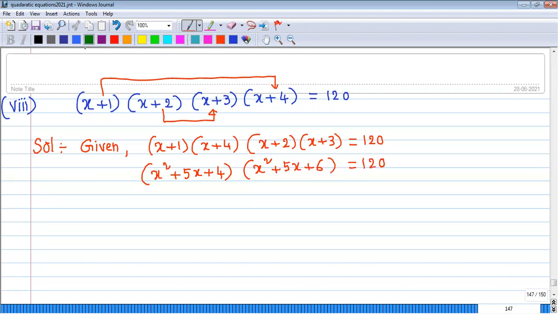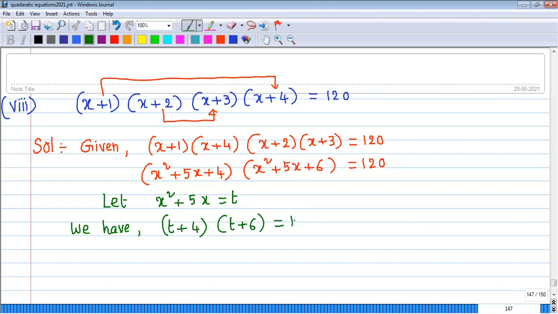So now let us say x square plus 5x equals t. So this can be rewritten as (t+4) multiplied with (t+6) equal to 120.